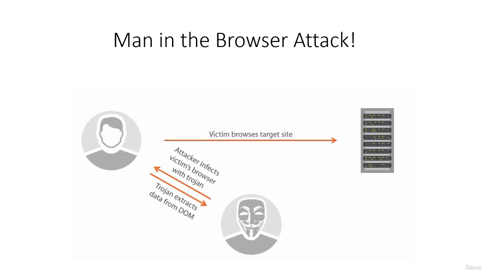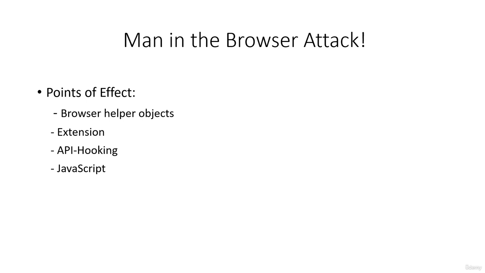Naturally there are also URLs that malicious software executing in the context of the browser could access. The man in the browser attack has some points of entry, like browser helper objects, which are dynamically loaded libraries loaded by Internet Explorer upon startup, and extensions, the equivalent of browser helper objects for the Firefox browser, and API hooking.